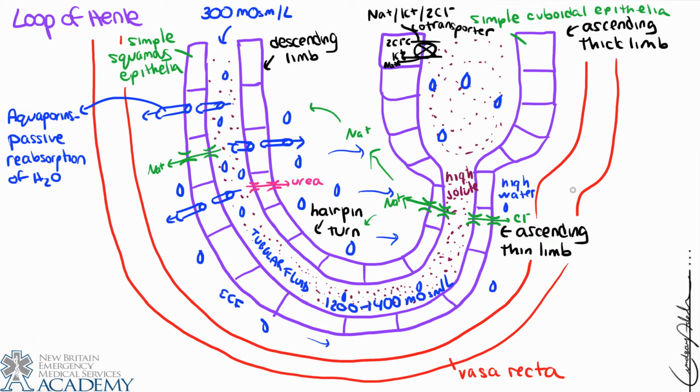And then from there, and just because there's not really enough room in this drawing, so we'll just sort of draw them separately. From there, there's going to be co-transport for the chloride and the potassium ions. So 1 chloride and 1 potassium will move together from the epithelial cell into the ECF.